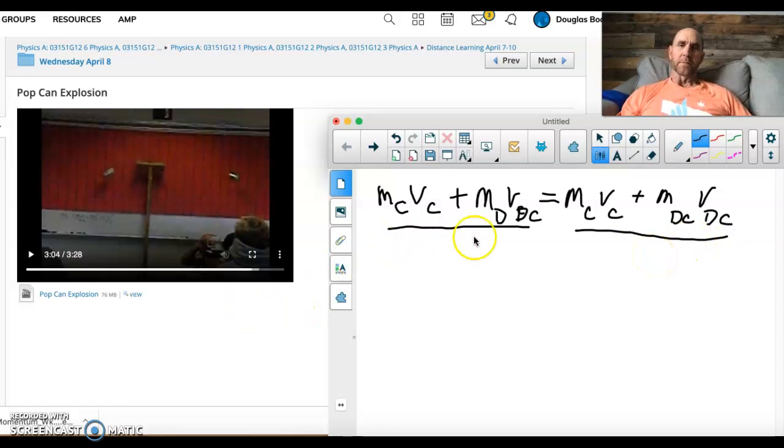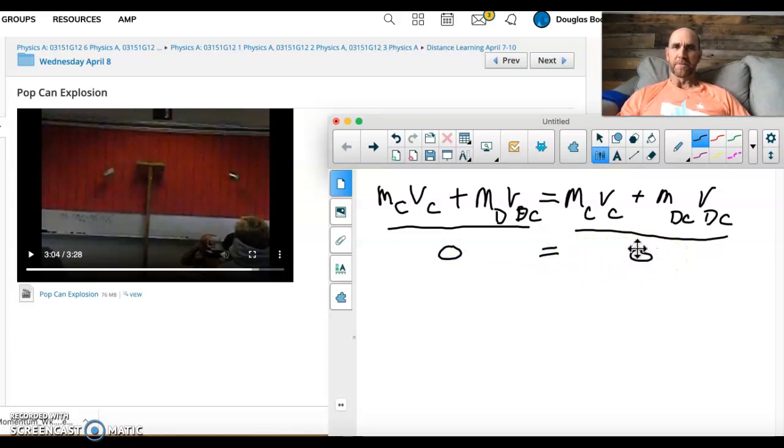How much momentum is there before the cans explode? Well, their velocity is zero. Velocity is zero, so there's zero momentum over on this side. So in other words, if momentum is to be conserved, there has to be zero momentum over on this side.